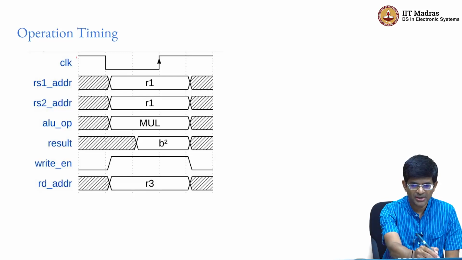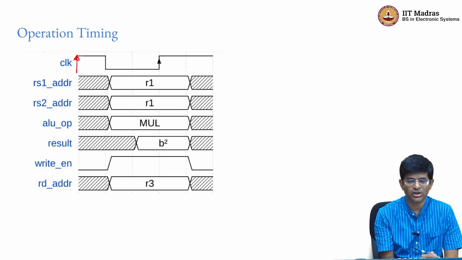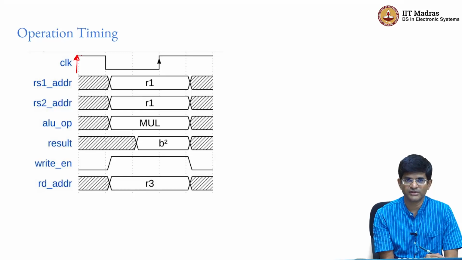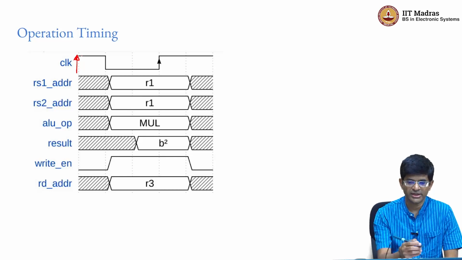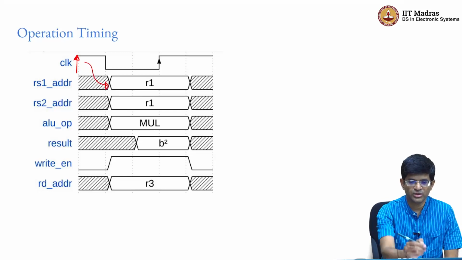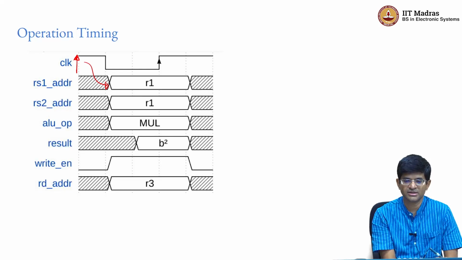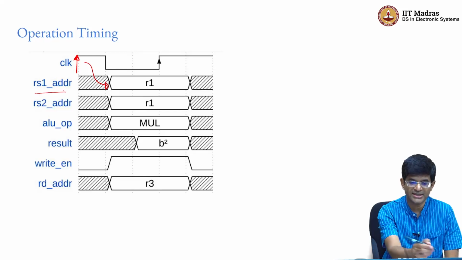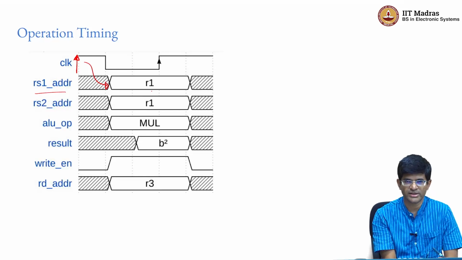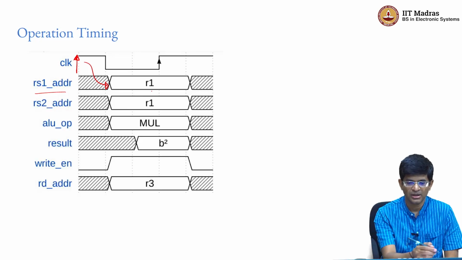Now what actually happens in practice over here is that there is some clock edge which is off the left hand side of my chart, after which there is some kind of logic that finally leads to the RS1 address getting the value R1, or 001 in this case, which basically says read from register R1.